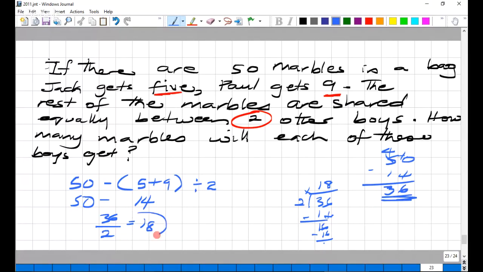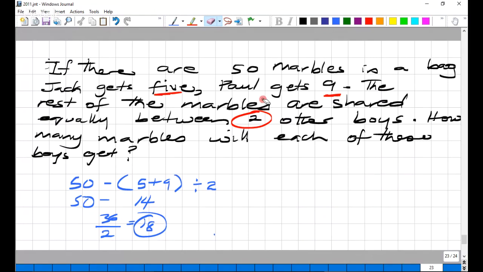Okay, all right. So each of these boys will get how many marbles, Sanjay? 18, sir. 18. Let's test that to see if that is so. Now, what do I know at this point? Each boy will get 18. So boy 1 will get 18 plus what boy 2 gets, which is 18, plus who else?